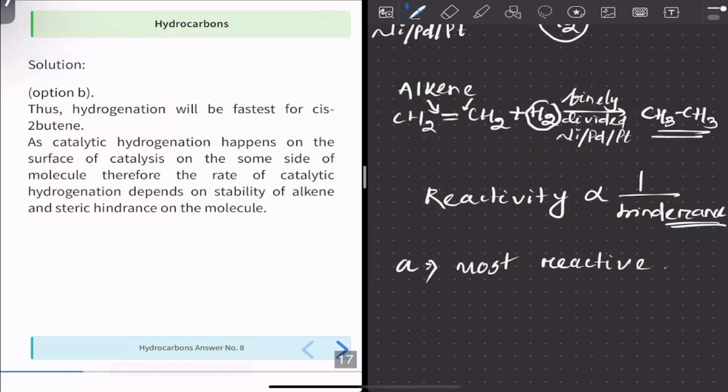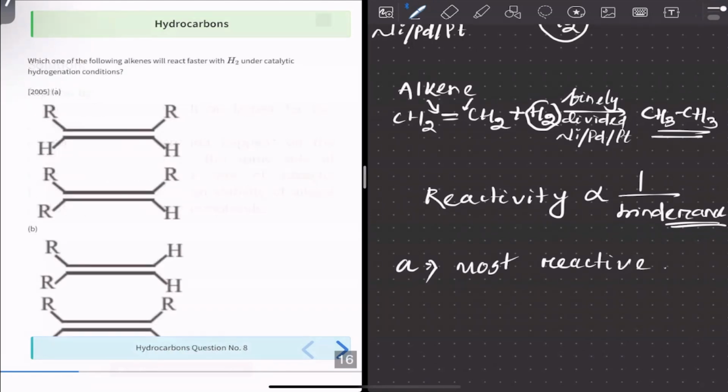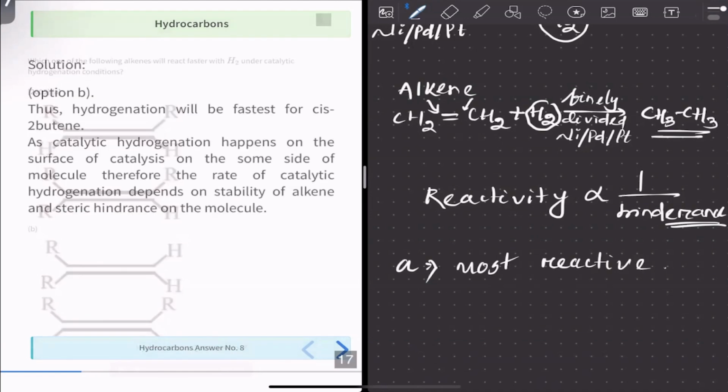But the given answer is option B. It is incorrect. I have checked with several other books, and there it is given option A. Here in the slide, it is given wrong. So cis-2-butene, option A, will have the most reactivity.